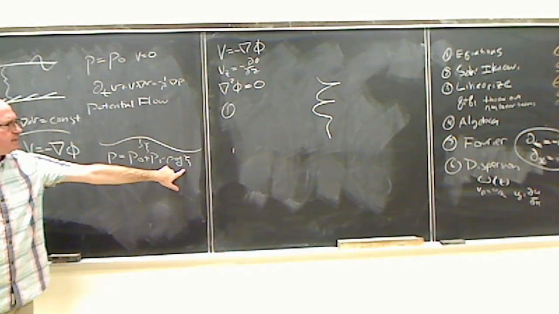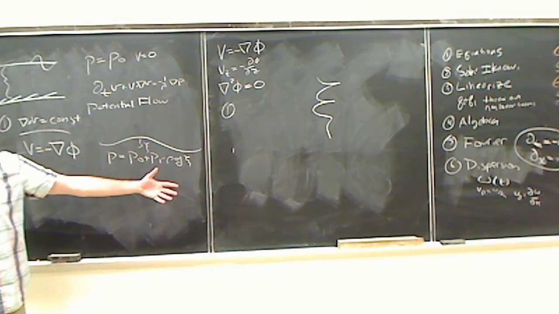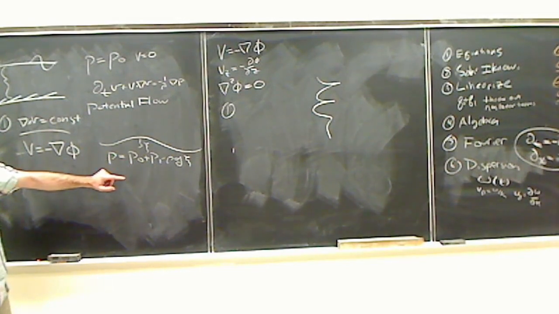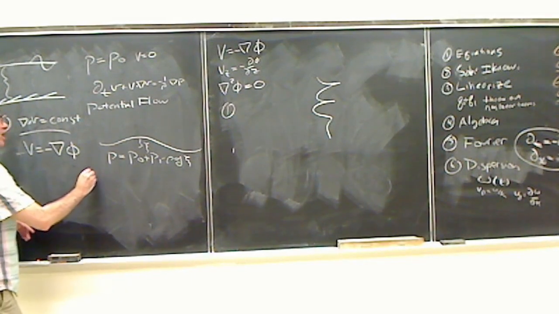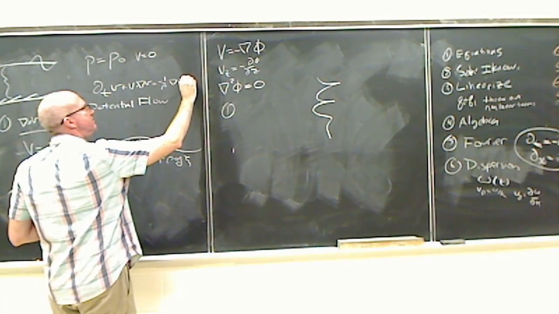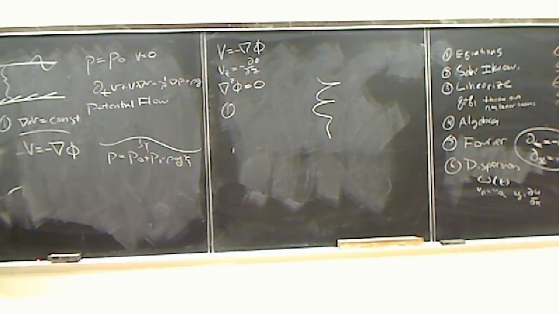So rho g z is the gravitational potential energy density, and I'm trading it for pressure. You can see this in a couple of different ways. If you call this a hydrostatic problem, then I'm left with, sorry, I needed gravity on here, plus rho g. So my pressure is going to look like this.